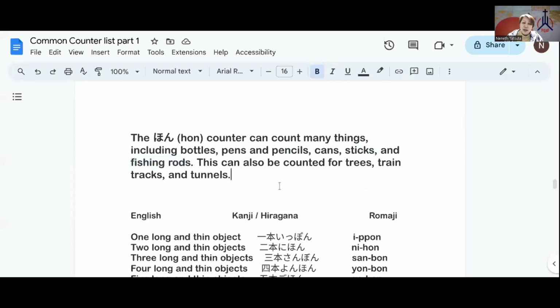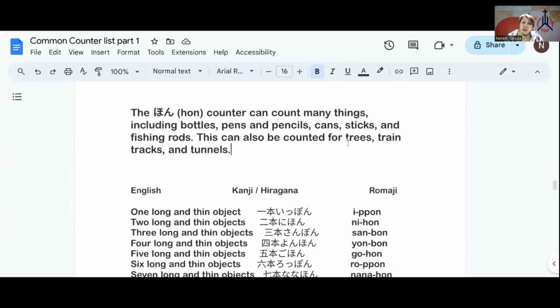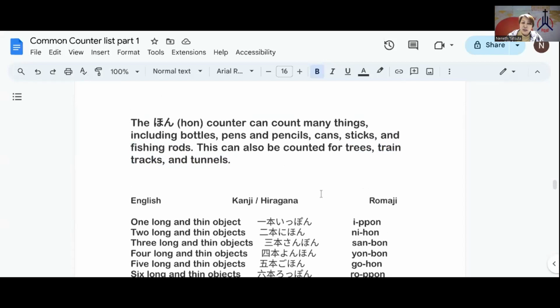Also trees, trains, trucks, and tunnels. We consider these to use the counter hon.